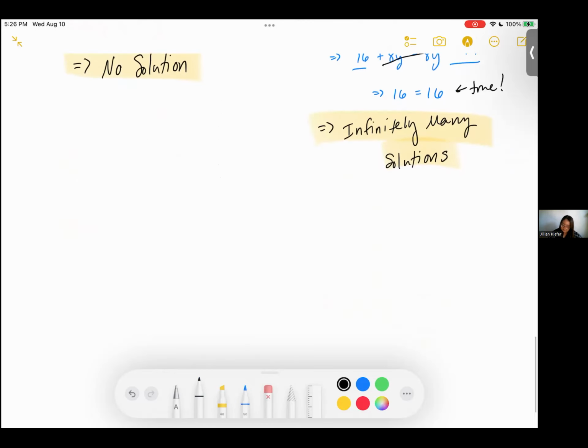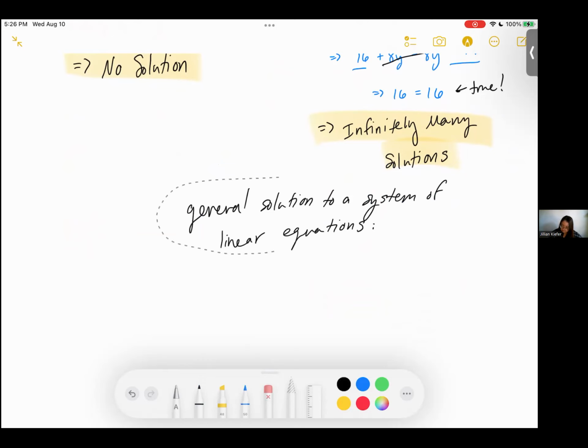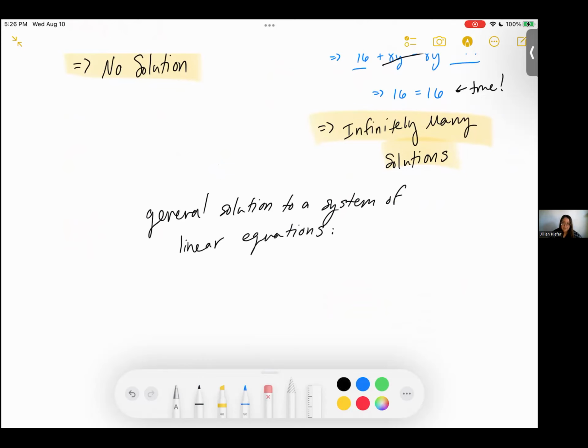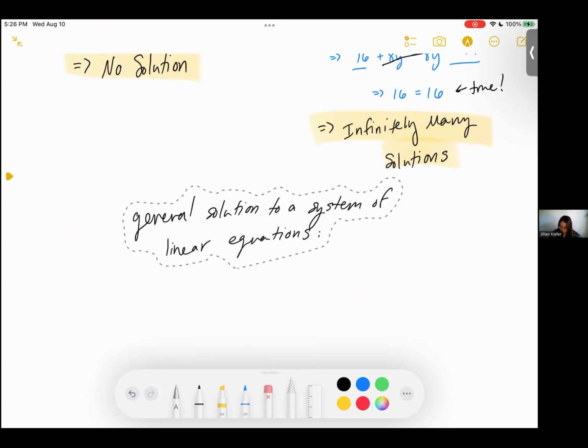A general solution to a system of linear equations, which I wrote very off to the side here, so let's bring that a little bit more to the center.